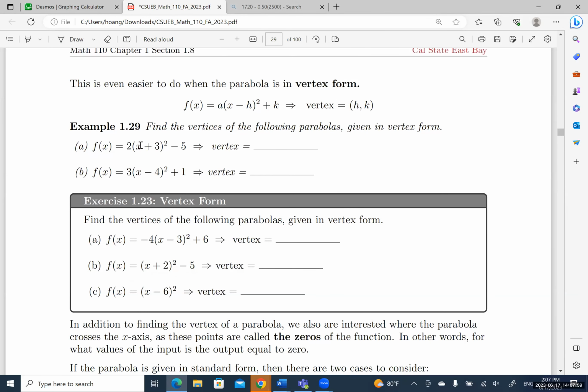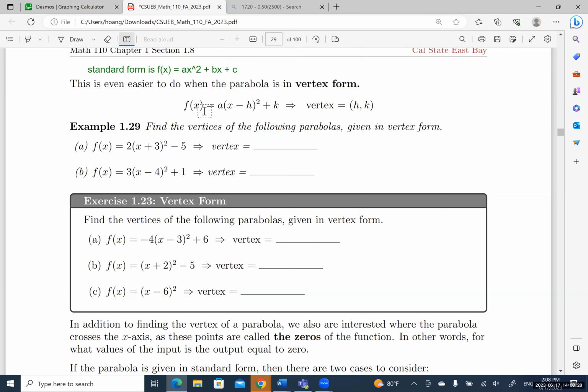Okay, so the next page. So before, we did learn about the standard form, right? Standard form is, let's write f of x equal to a times x to the power 2 plus bx plus c, right?